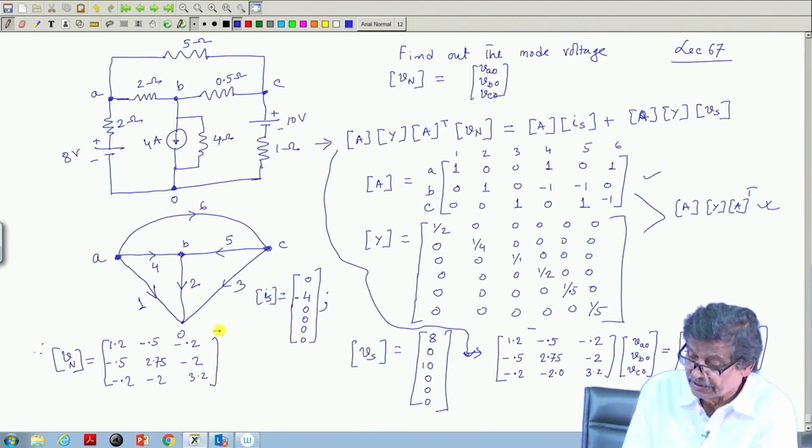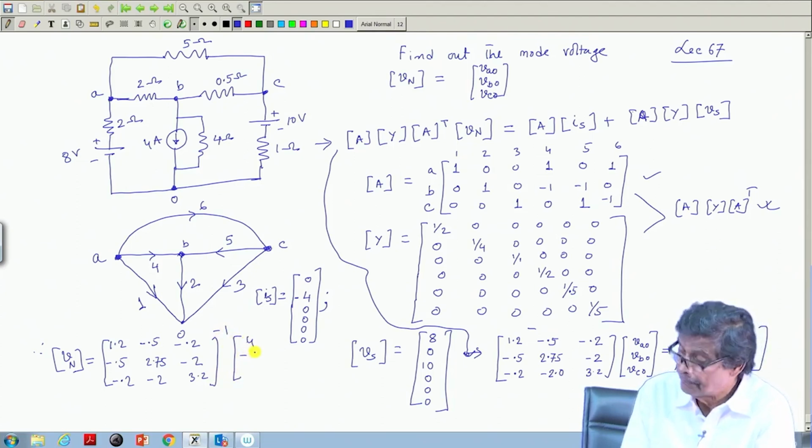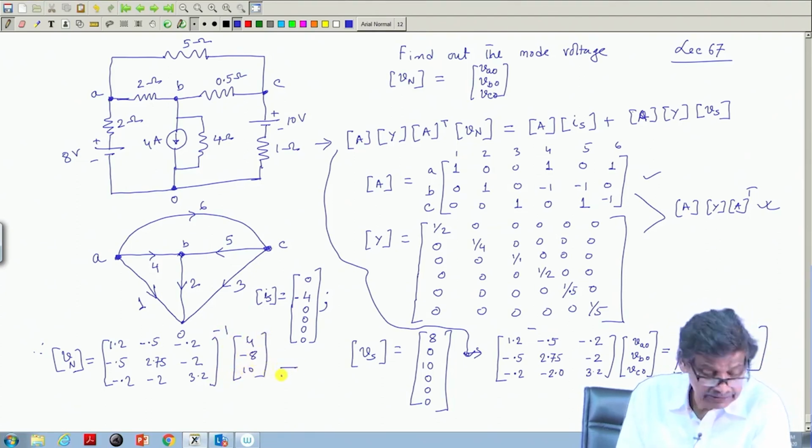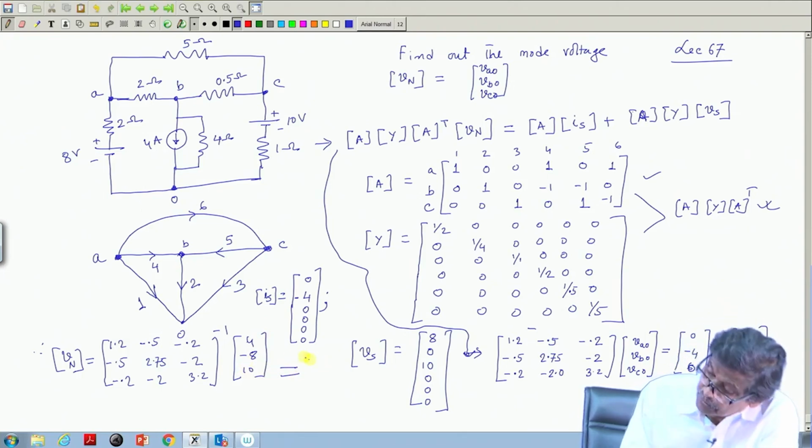The inverse of this into your 4, minus 8, 10, and if you do this calculation it will come out to be 6, 4, 6.